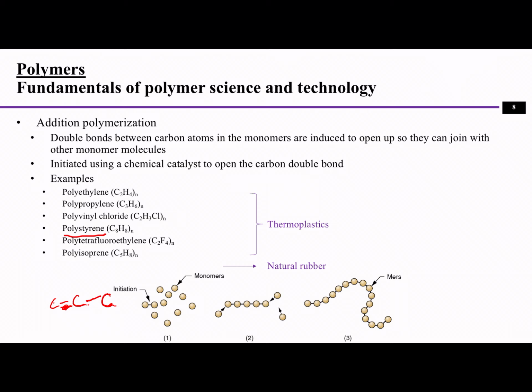A common feature of this kind of material is that you can see they usually have one single structure inside, and then you have an n, indicating how many of those simple single structures are in the material. Those are common, and usually they are thermoplastics.